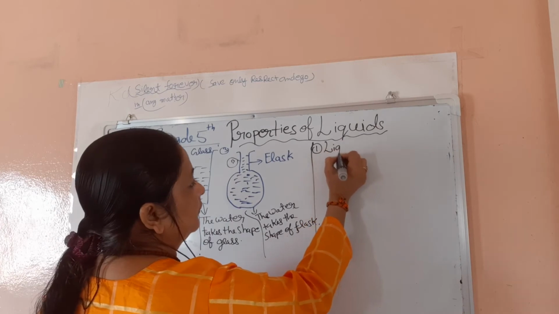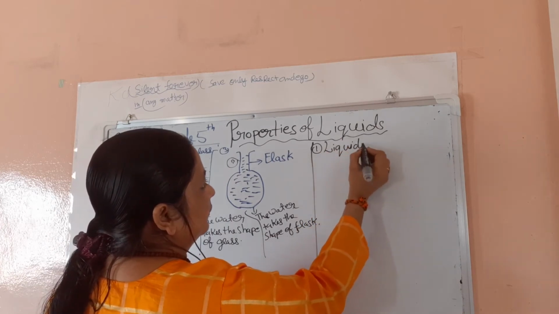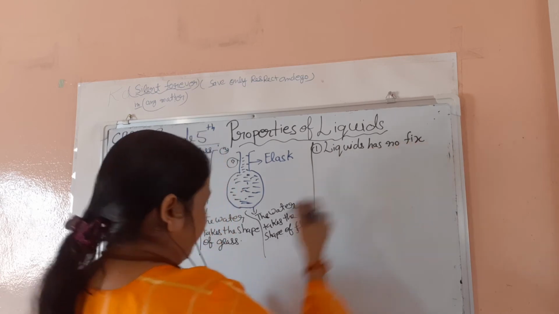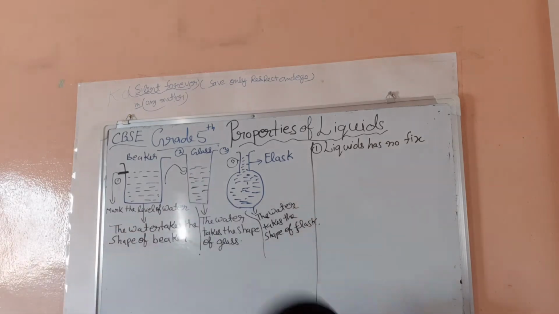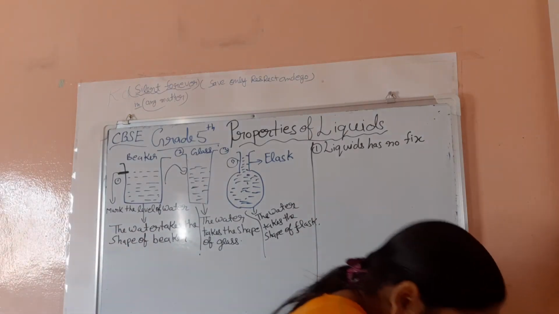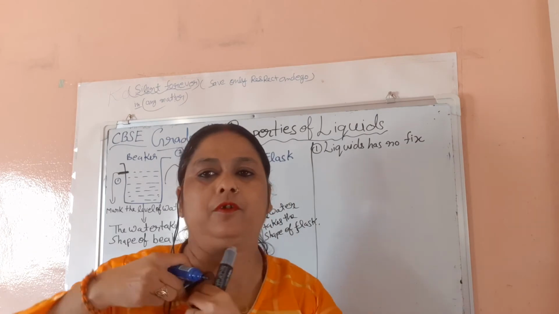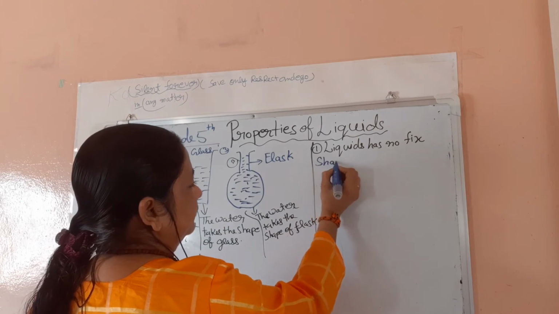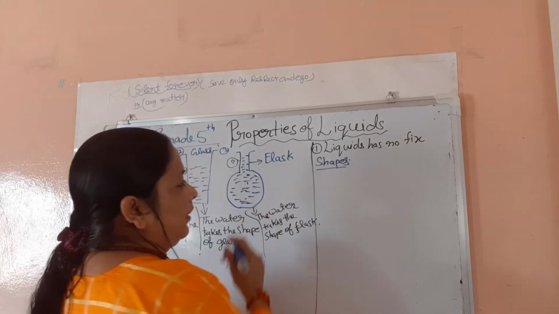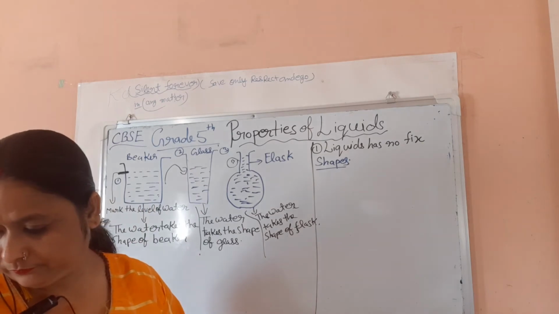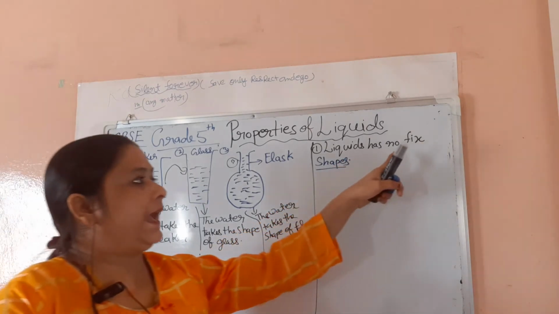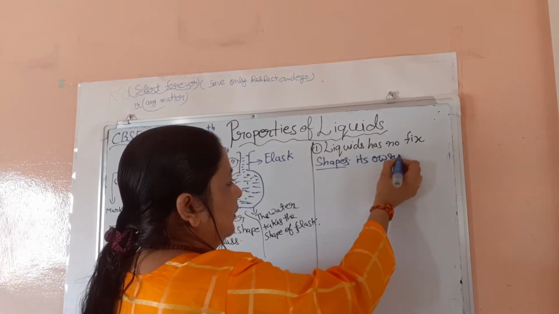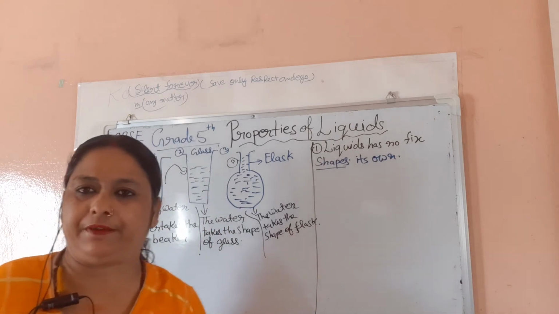Note the first property here: the liquid has no fixed shape of its own.